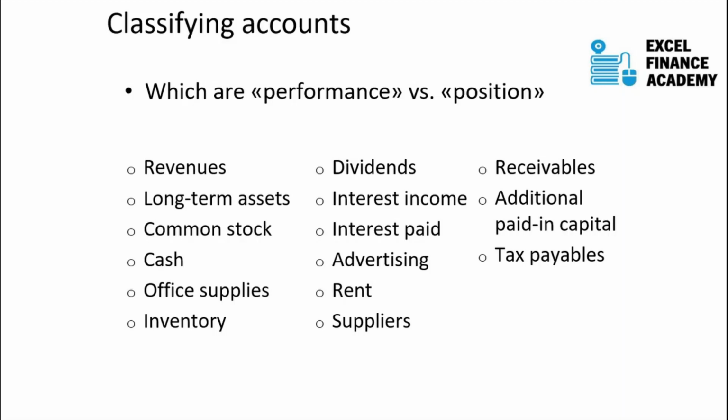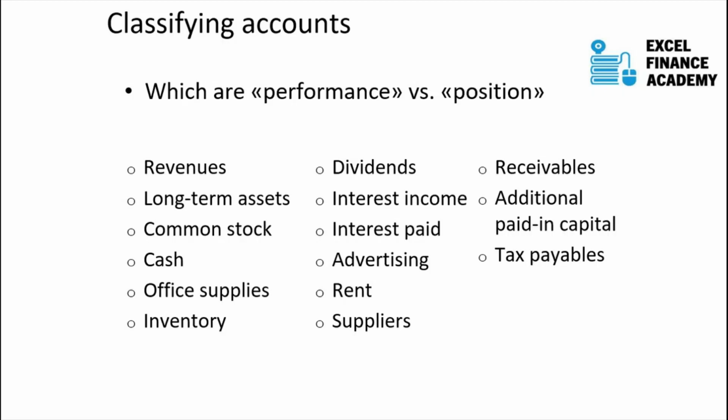Receivable? Position. You don't do guessing, it's not just 0 or 1. Receivable will tell you how much money you need to receive, so it's not your income or expense, it's your asset. So it's a position account.